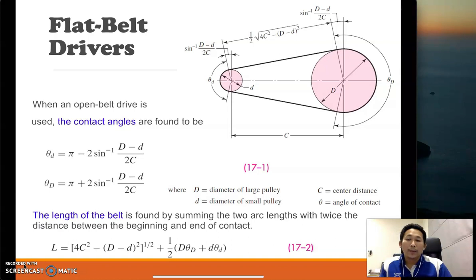If we look at our flat belt drive, this is the equation for the open belt drive. We have our small diameter, d, and the bigger diameter, D, of the driven.